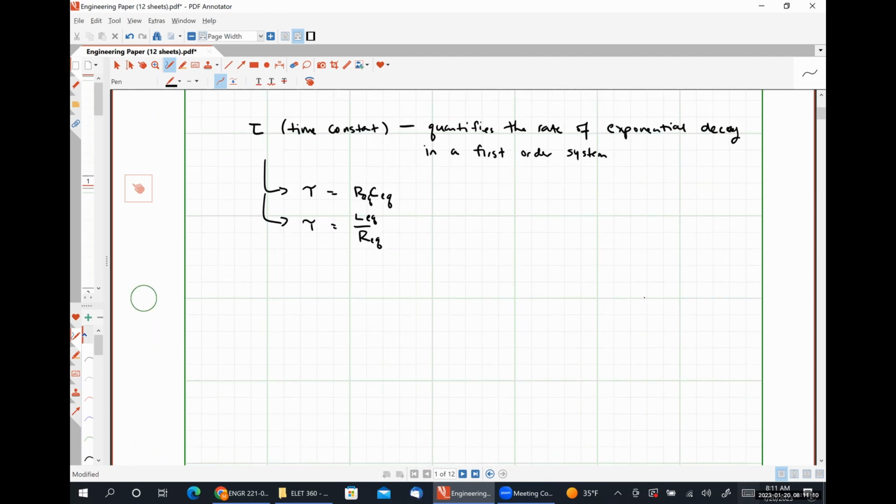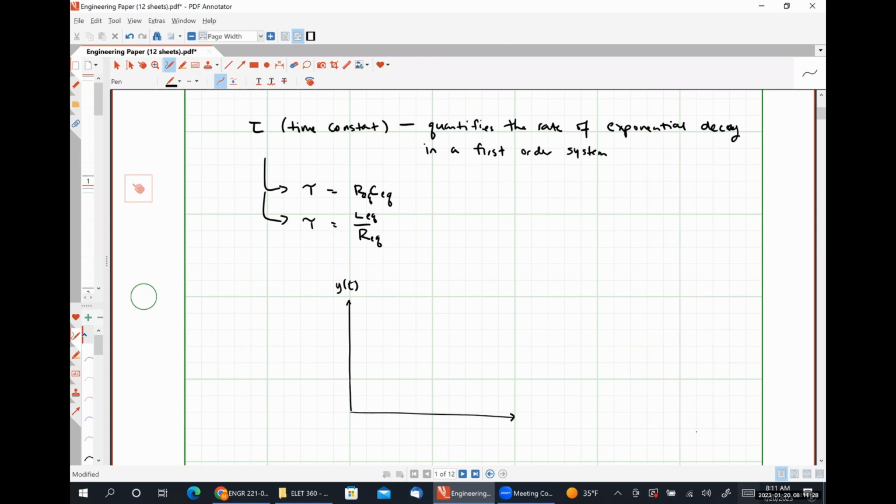Okay. So if we look at a signal that is exponentially decaying, here is our signal of interest, y of t, and here is our time function.